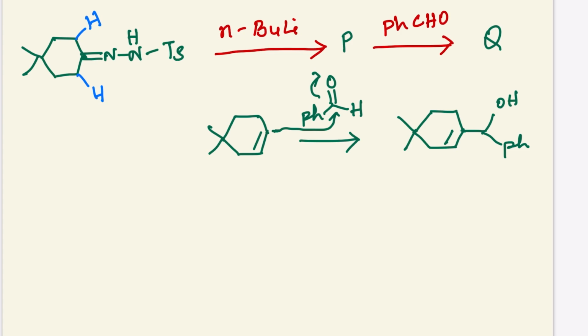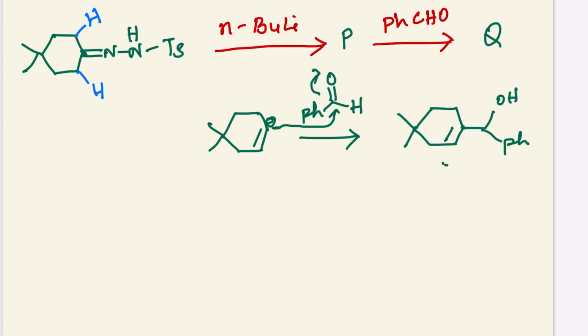So P is this one, and Q is the secondary alcohol.